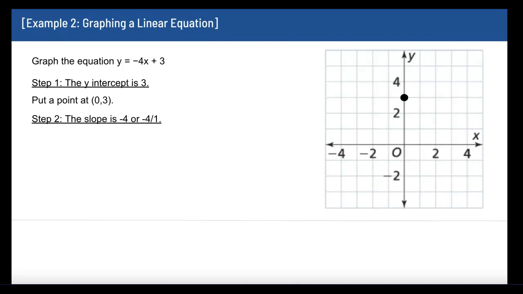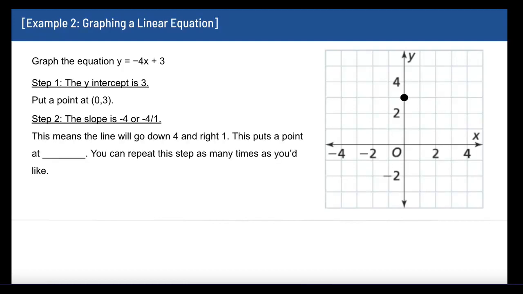Step 2, the slope is -4, or remember, a whole number can be written as a fraction over 1, so -4 over 1. This means the line will go down 4 and right 1. So down 4 from 3 is -1, and right 1 from 0 is 1. So this puts a point at 1, -1.